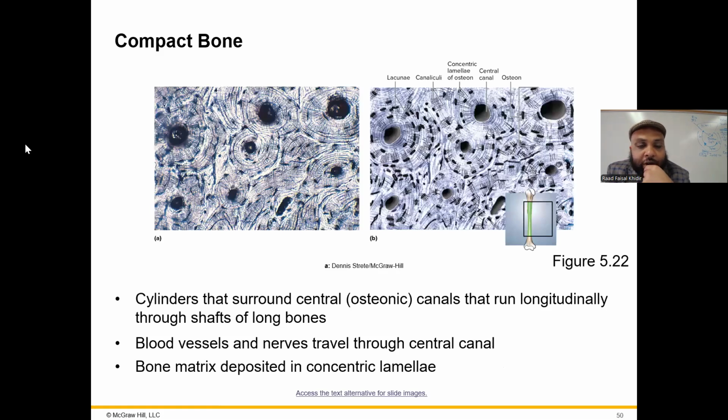Compact bone is made of cylinders that surround the central osteonic canals that run longitudinally through the shafts of the long bones. Blood vessels and nerves travel through the central canal, and the bone matrix is deposited in concentric lamellae.